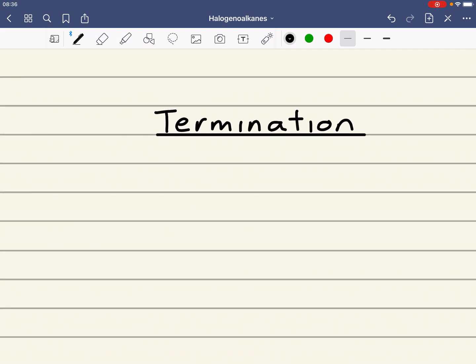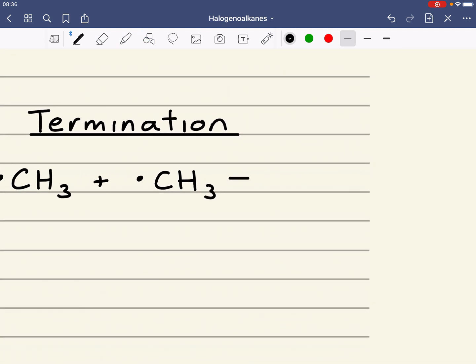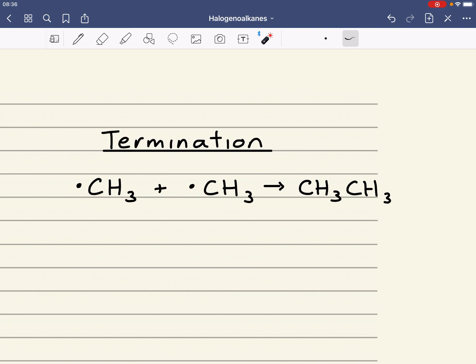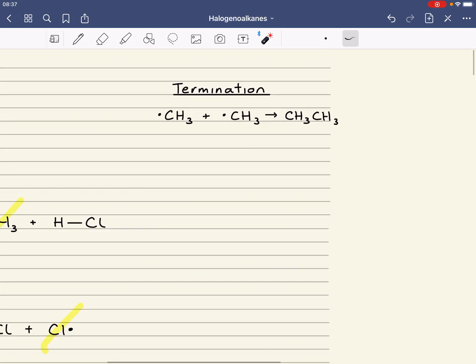An example would be two methyl radicals combining to produce ethane. This electron here and this electron here combine to form a new carbon-carbon bond. So that's your termination step.